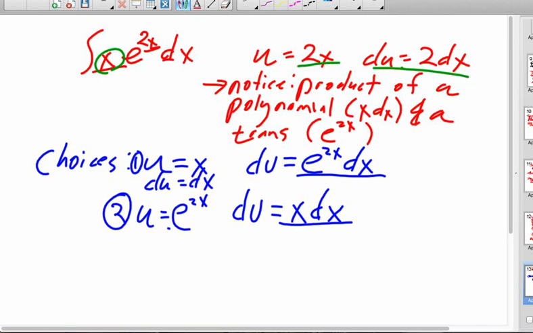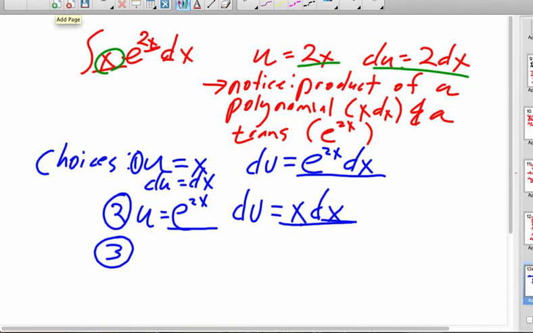But the problem is, if I take the derivative of this, I'm going to end up with itself back again, but with the 1/2 out in front of it. So I don't really get rid of the problem that I had to begin with, which is having an x. Also, when I integrate this thing, I'm going to raise my power of x, and what I really want to do is get rid of it. So choice 2 doesn't seem good. So far, we're going to take a look at 1.